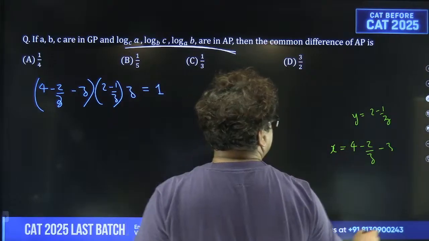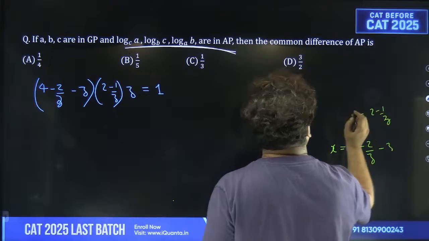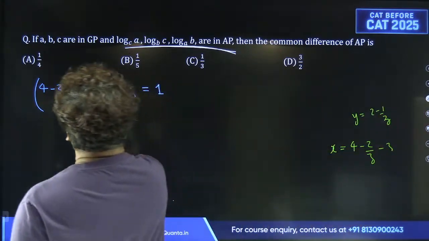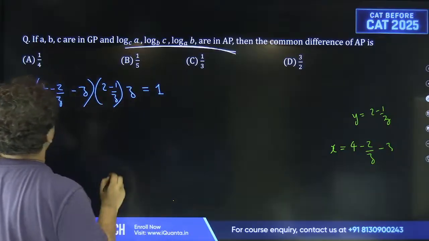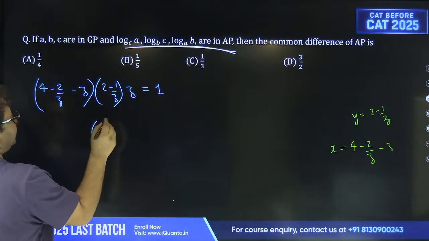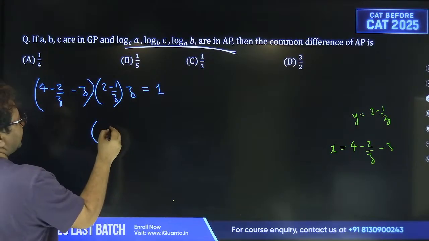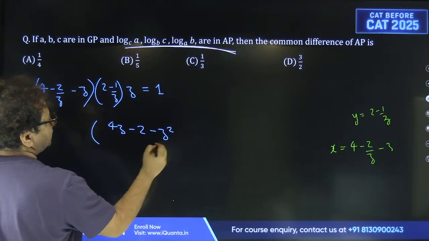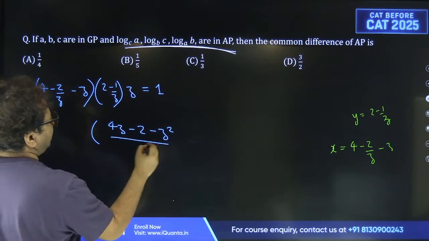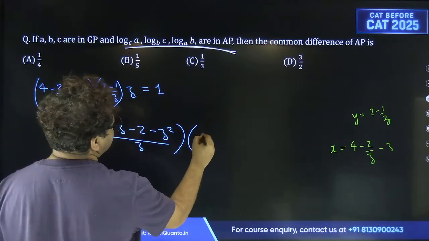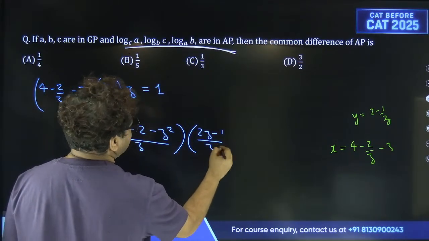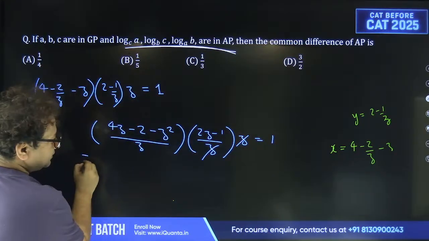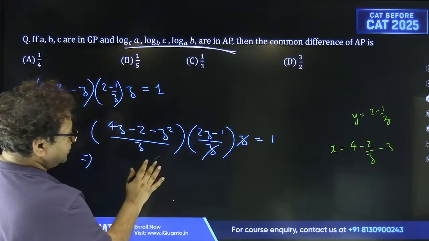y minus x निकाल लो, z minus y निकाल लो, whatever. You can calculate anything. Here I have z. So let me solve this one. What do I have? Taking z as the LCM, I'll have 4z minus 2 minus z square upon z into 2z minus 1 upon z into z is equal to 1. एक z कैंसिल हो जाएगा, so एक z वहाँ चला जाएगा. सॉल्व कर लोगे?